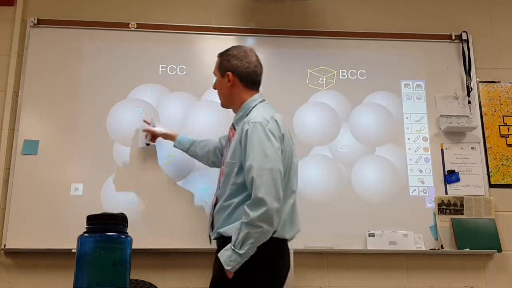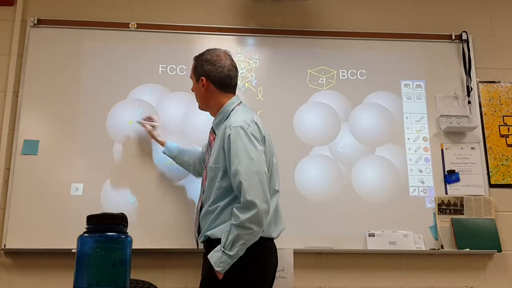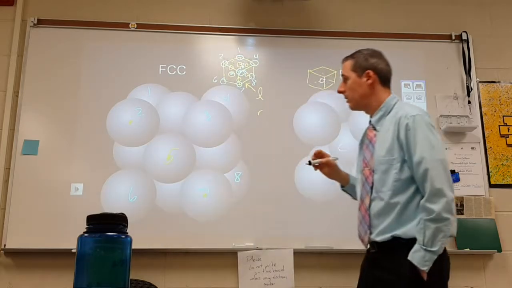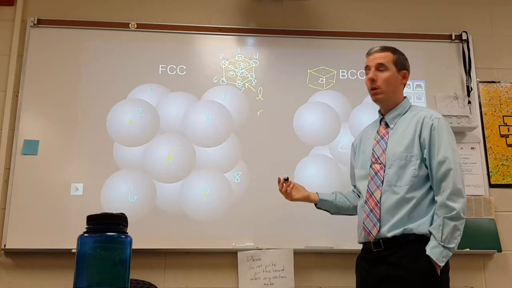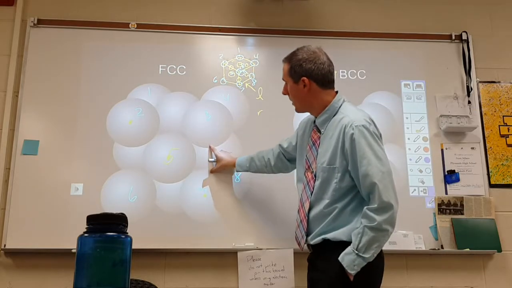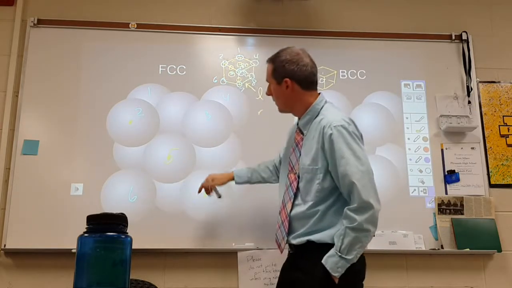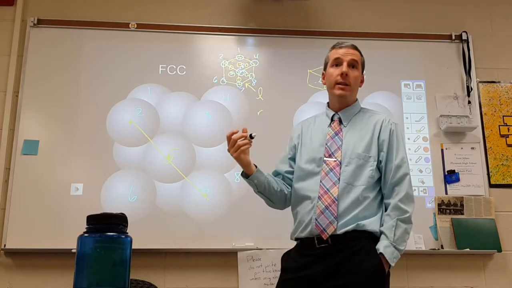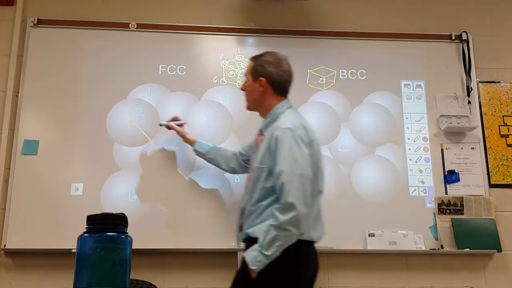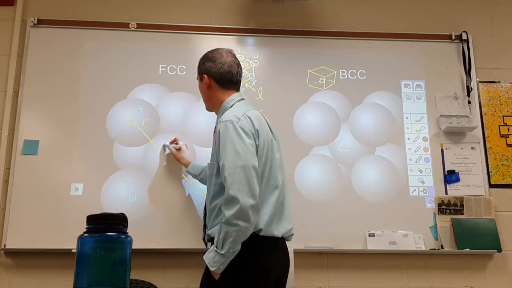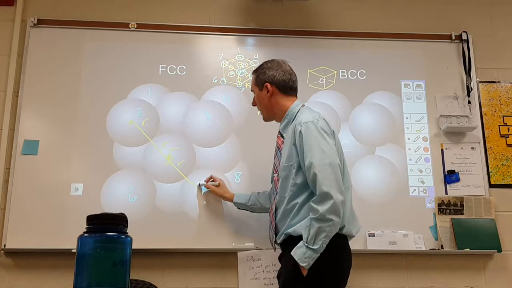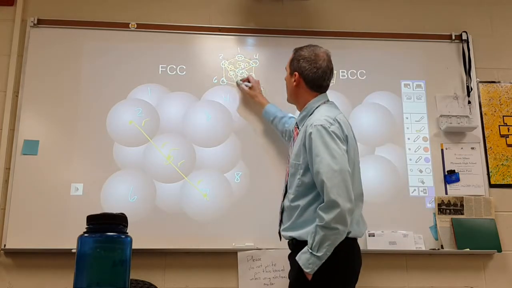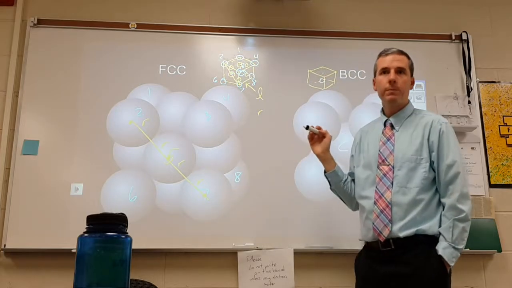So in this one, for the face-centered, when you have a corner, a face, and then the opposite corner on that side, those 3 atoms will touch. So in other words, there's a gap between 3 and 7 here, there's a gap between 6 and 7, but from 2 to 5 to 7, those are all in contact. So what we can say is that the radius of 2, 2 radii of 5, and a radius of 7 is the same thing as your diagonal across your face.